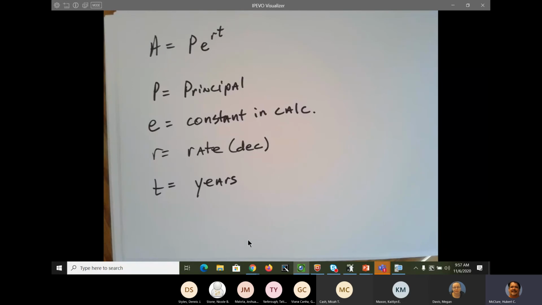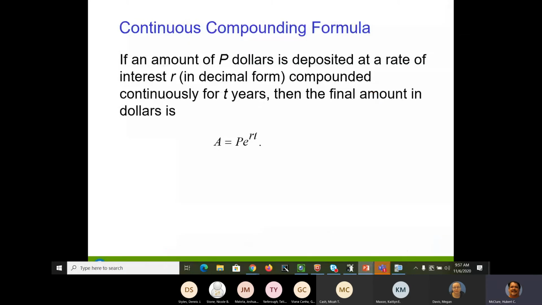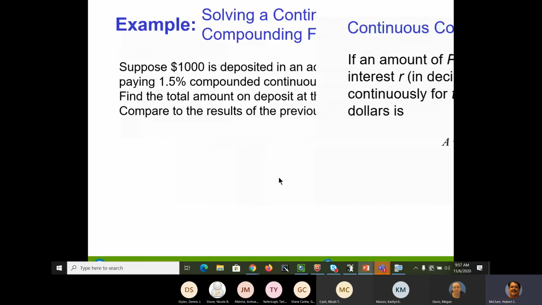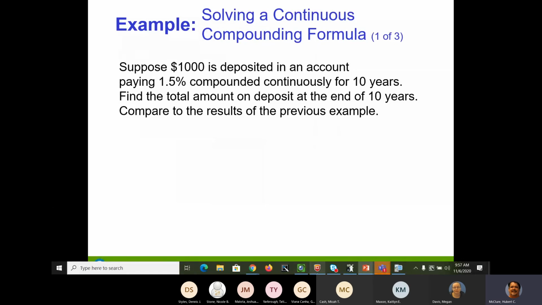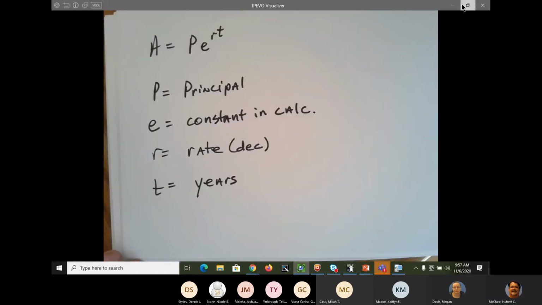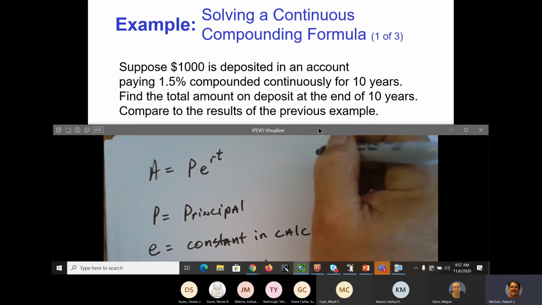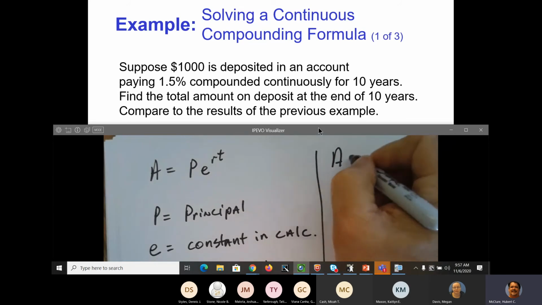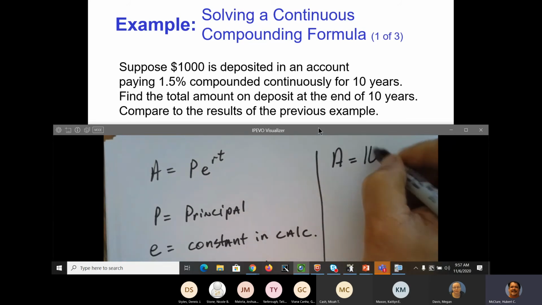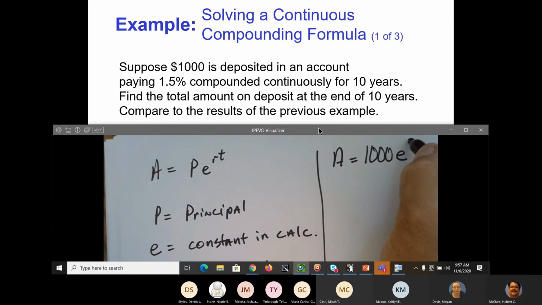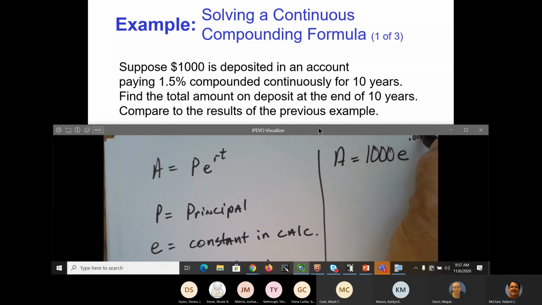So let's look at the example they give us. There's the example. So this would be A is equal to 1,000 e to the 0.015 times 10.